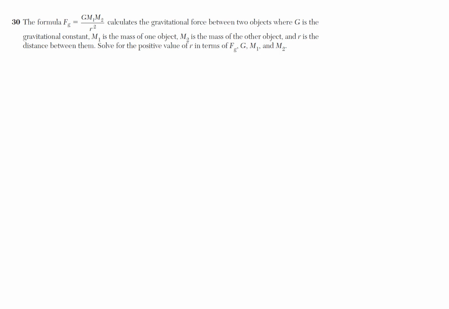Solve for the positive value of r in terms of F sub g, G, m sub 1, and m sub 2. So our r is squared and it's in the denominator. So the first thing we need to do is to get the r to the other side of the equation.